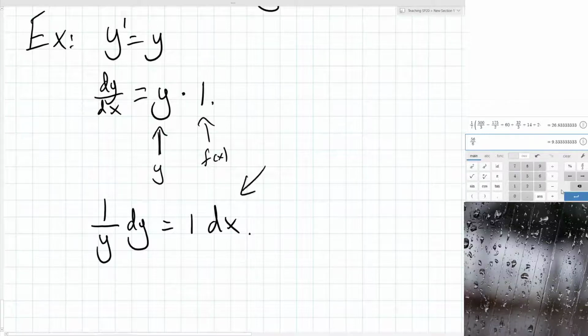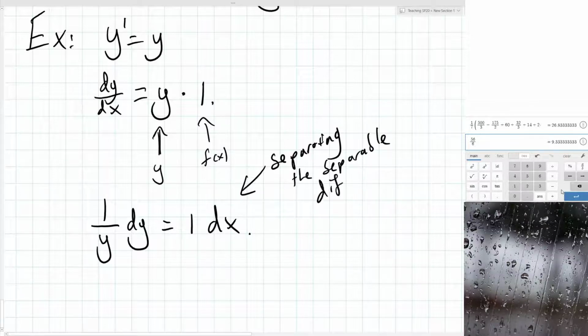This is called separating the separable differential equation. With separable differential equations, once we've separated, then we integrate. So separate and integrate is sort of the mantra for solving differential equations.